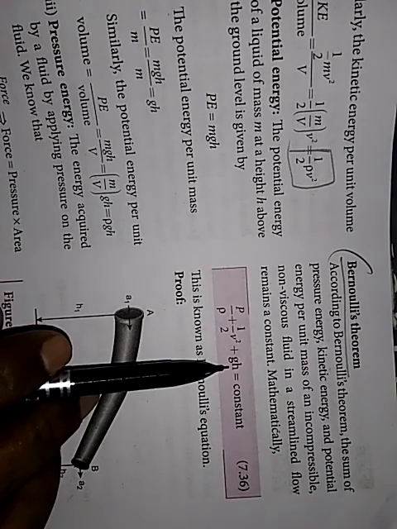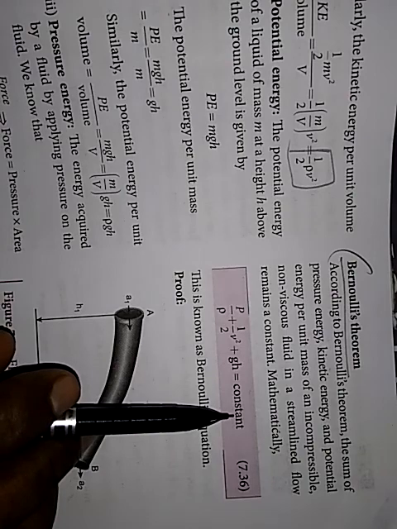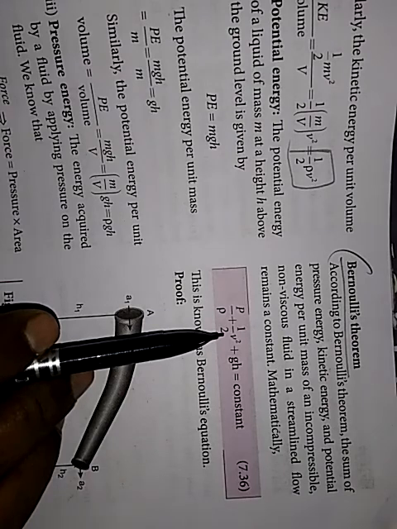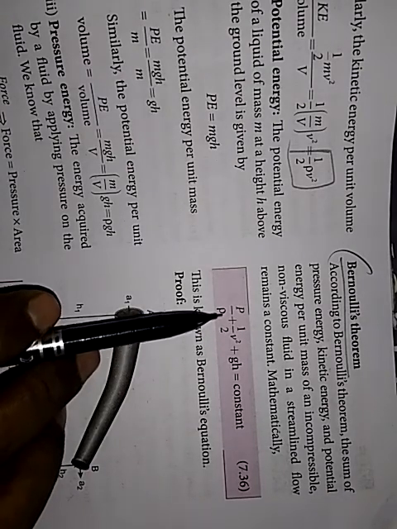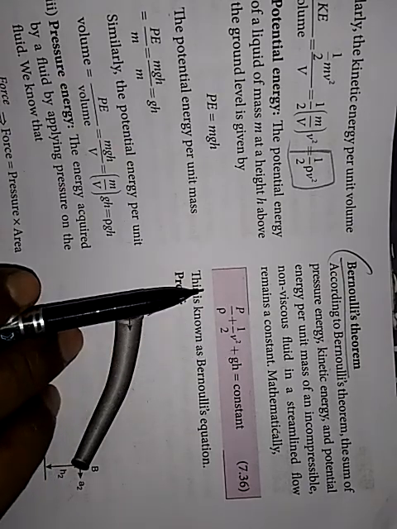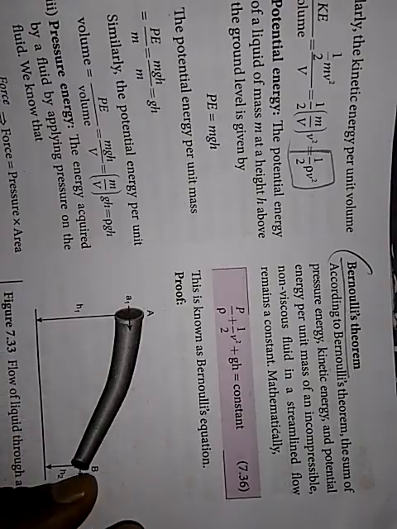Mathematically, this can be written as P/ρ + ½V² + gh = constant. In the previous video we have seen the potential energy, kinetic energy and pressure energy per unit mass. Mathematically, when you add all these three, it should be a constant. This is known as Bernoulli's equation.